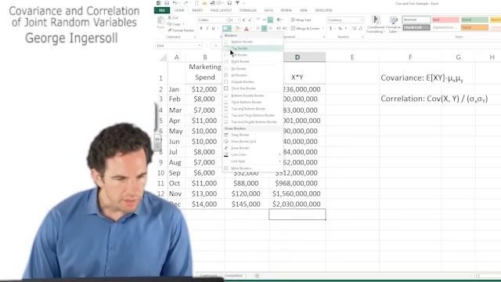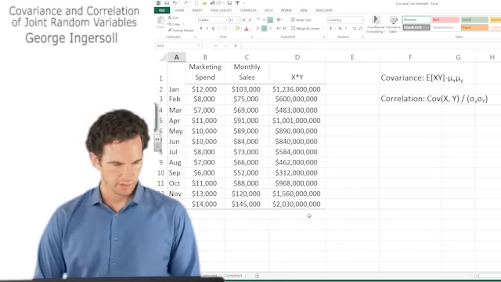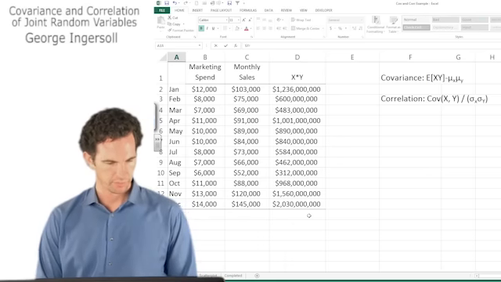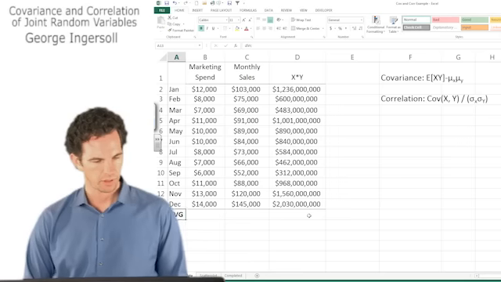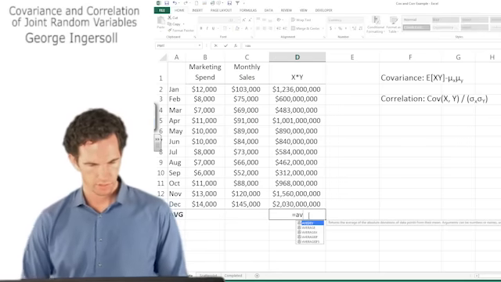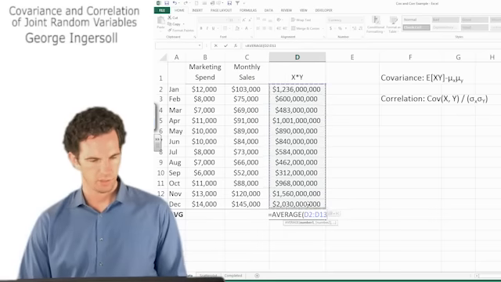Let's set this up so that border doesn't disappear every time. And I need an average here. So I'm going to go in here and write average, and I'll get to that in a moment. Average of B2 to B13.